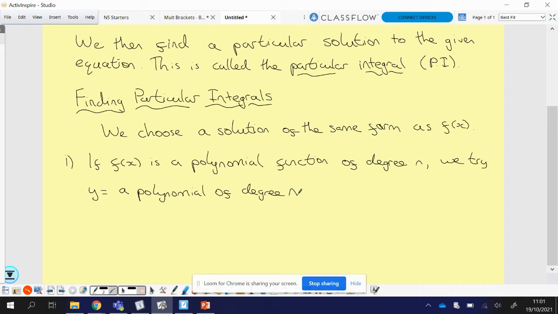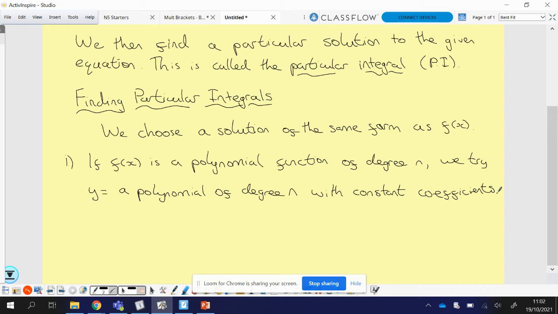We're going to make sure we match it, but we'll make it with constant coefficients.